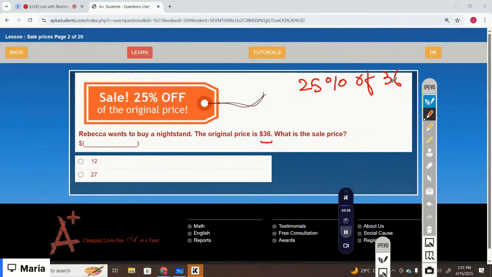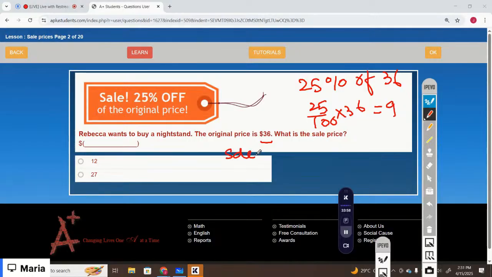So 25 over 100 times 36. 25 times 36 is 900 and 900 divided by 100 is 9.